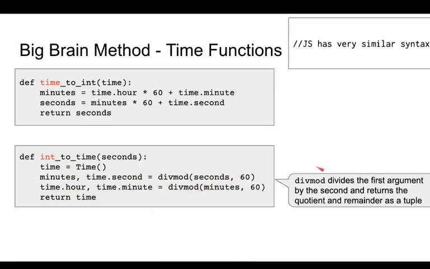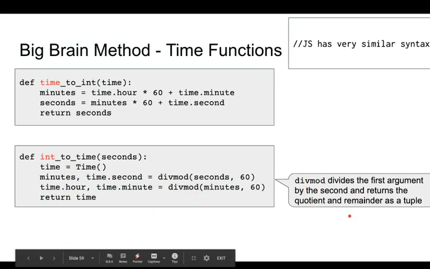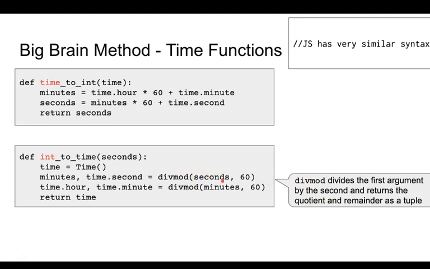Some neat Python, divmod, as you've seen earlier. It does integer division on this number, and then modulus by this one. Sorry, said that wrong. This is your number that you're dividing by 60, that goes into here. This is your number mod 60, that goes into here.